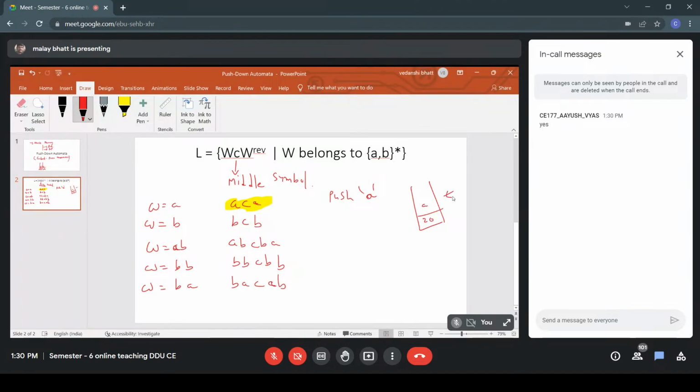This is the new top of the stack. Once this middle symbol C comes, we'll ignore that C because it is acting as a middle symbol.